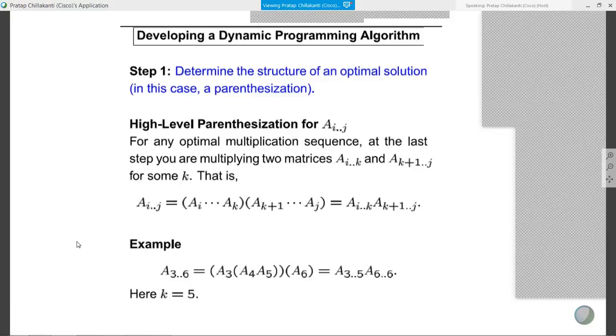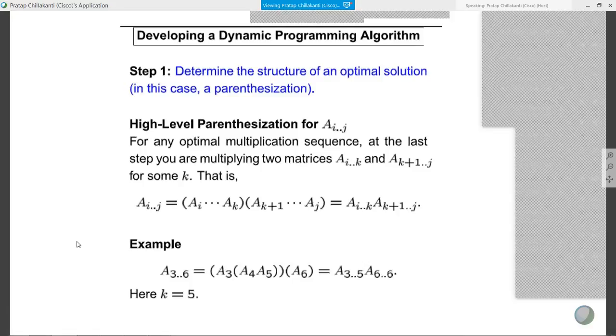After you do that, what was the last thing that you did? You multiplied A1 and the result of A2, A3. You're always left with two matrices at the end to multiply. Any questions on that? That's what this is saying here. For any optimal multiplication sequence, at the last step, you're multiplying two matrices.